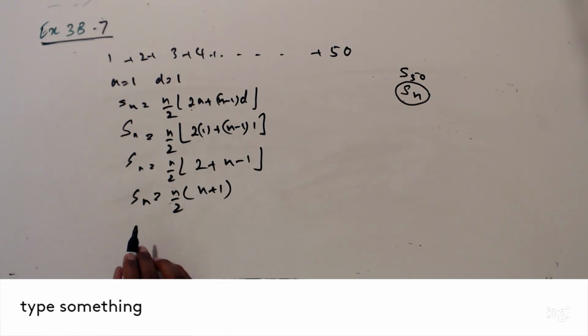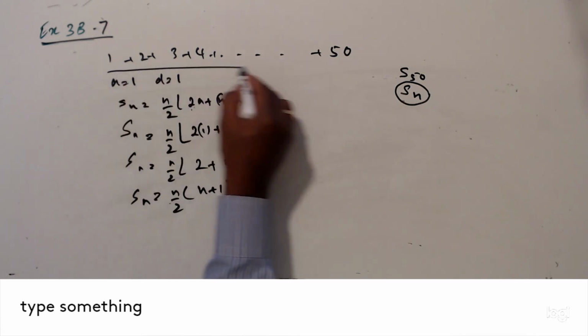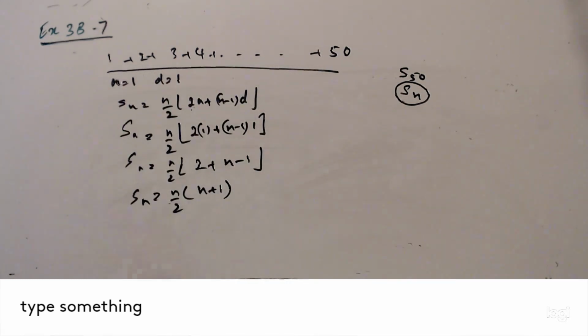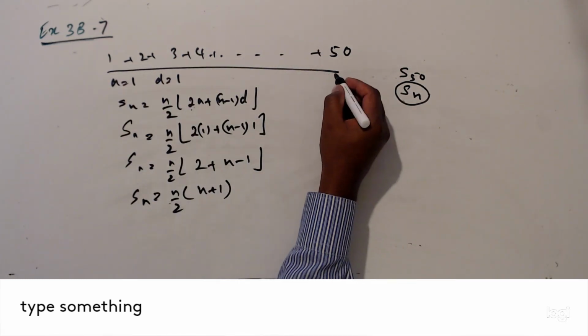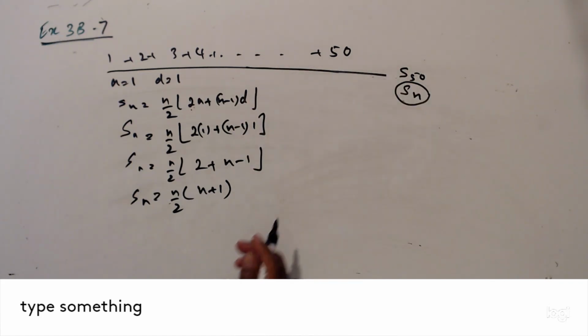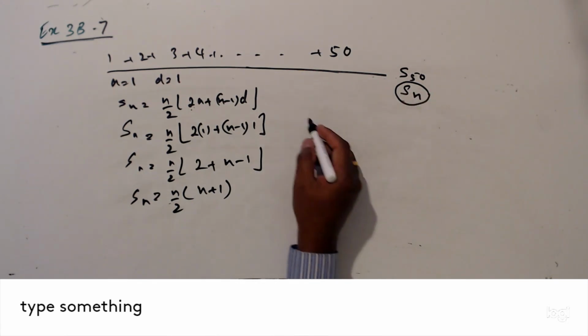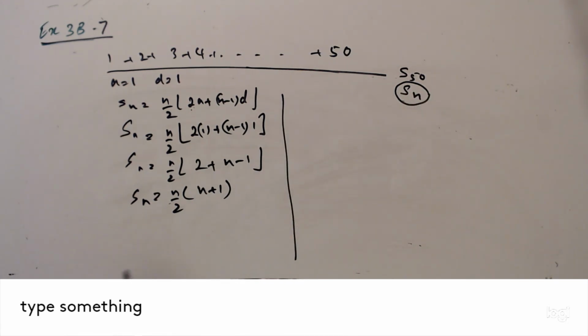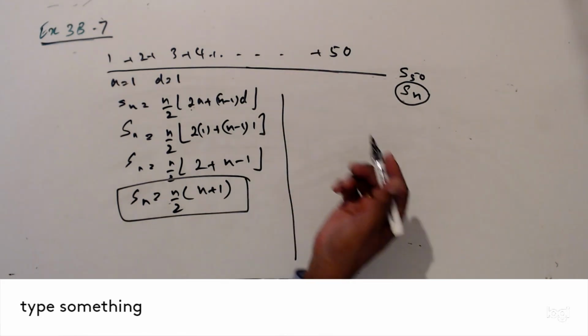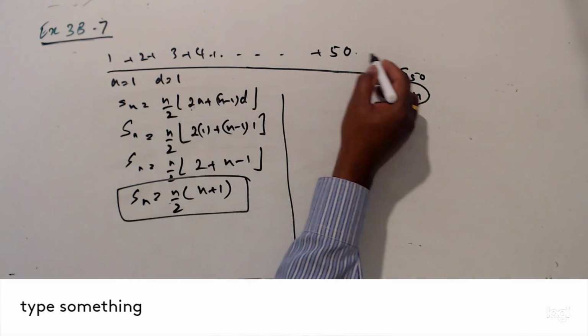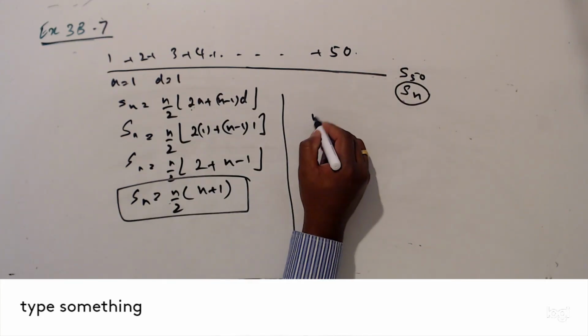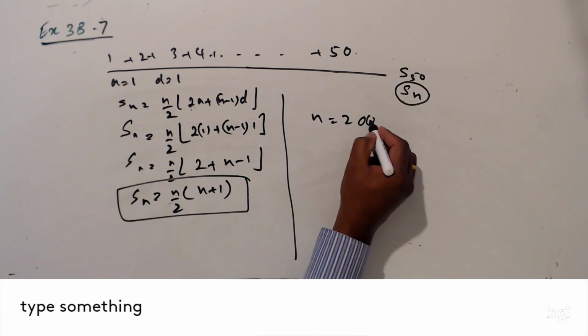Now you can find, for the natural number series, the sum up to any number. So we worked up to 50 here, but assume using this formula you need to work out up to 200.